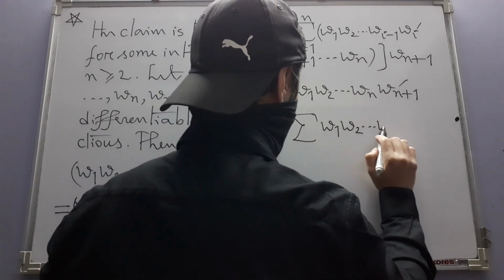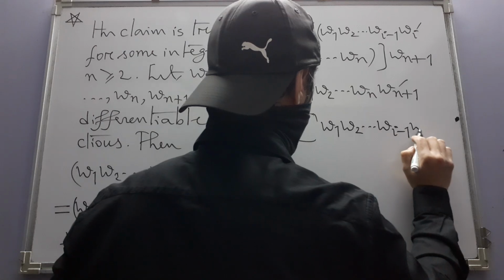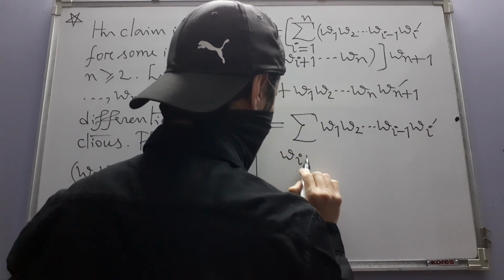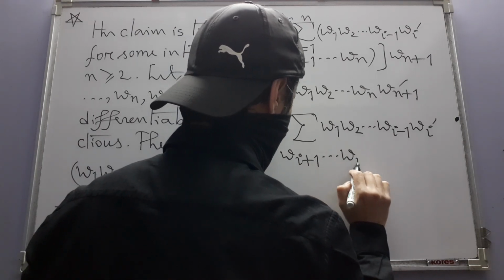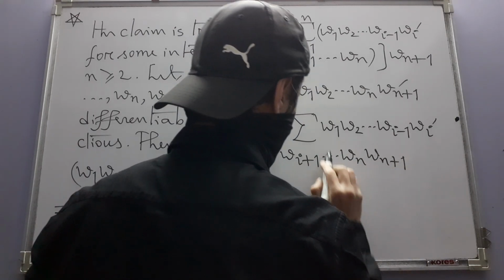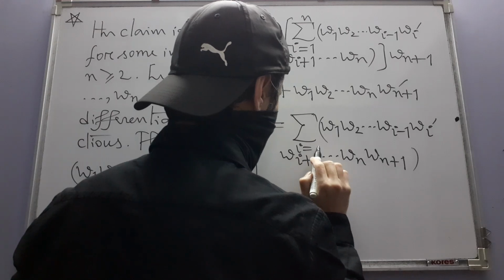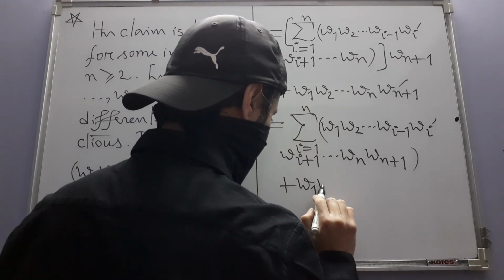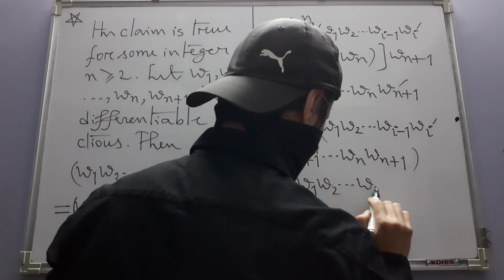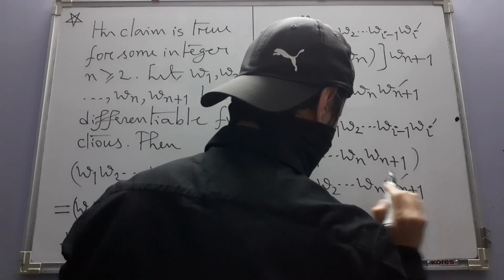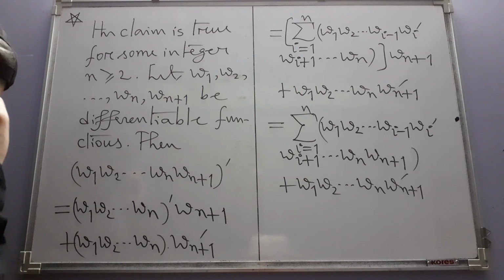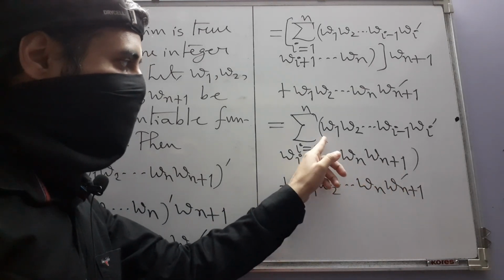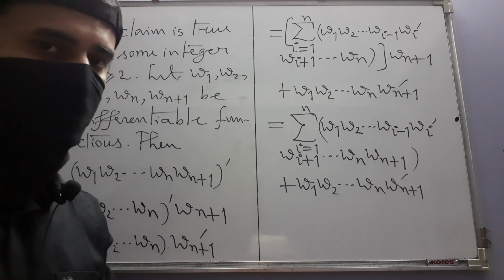w1, w2, ..., wi minus 1, wi prime, wi plus 1, ..., wn, wn plus 1. Here i varies from 1 to n, plus this extra term. So if you now include this extra term to this sum, then the sum changes.